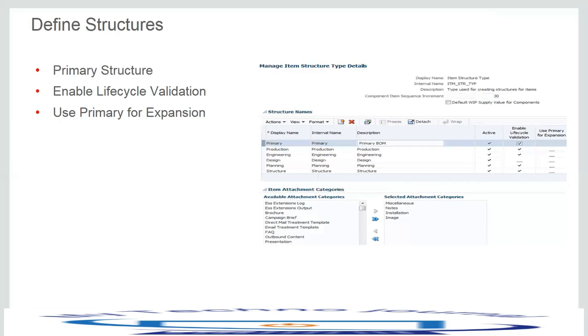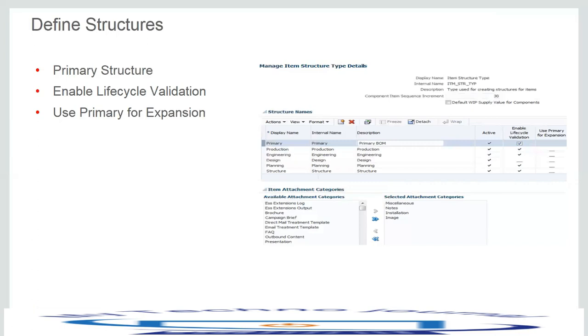And we have to use primary for expansion. Let us take an example. An item, say bicycle, may have multiple structures, and one of them may be for planning. So the planning structure may include wheel as one of the components.